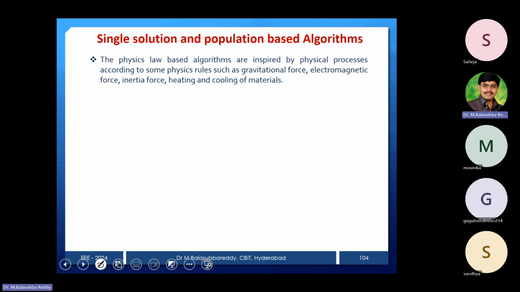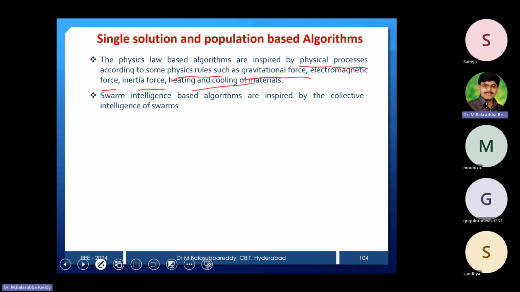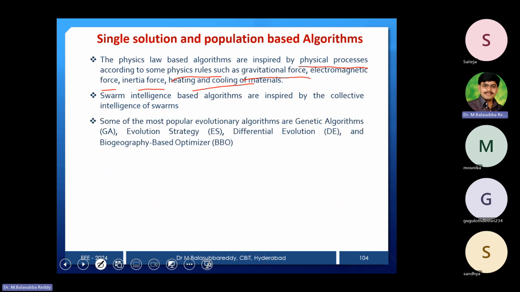Now, the physical laws based algorithms are inspired by physical processes according to some physics rules, such as gravitational force, electromagnetic force, inertia force, and then heating and cooling of materials. Swarm intelligence based algorithms are inspired by the collective intelligence of swarms.